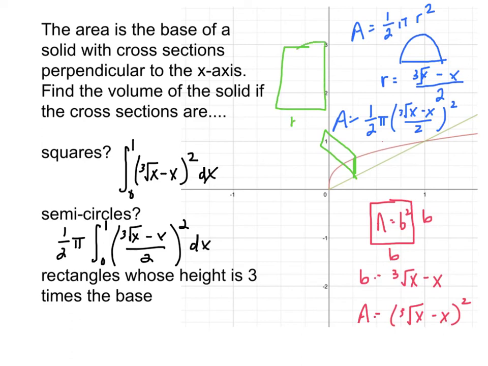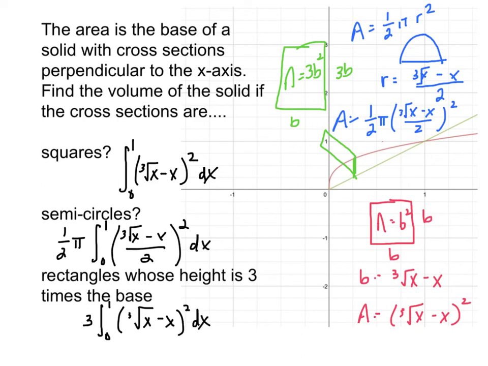Area, of course, this would be b, this would be 3b, so the area would be 3b squared. Well, we already said what the base was. It's just the difference between the functions. So now my integral would be 3 multiplied by the base squared. So 3, the integral from 0 to 1 of the cube root of x minus x, squared.